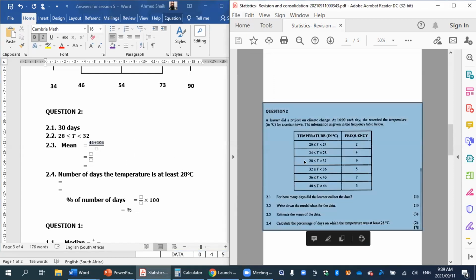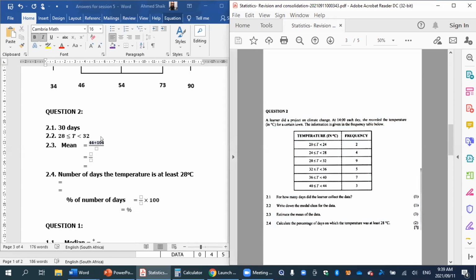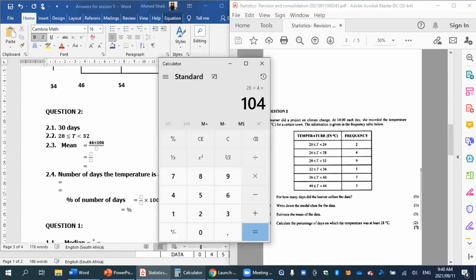Looking at our third interval, we have a midpoint of 28 plus 32 divided by 2, and we have a midpoint of 30.